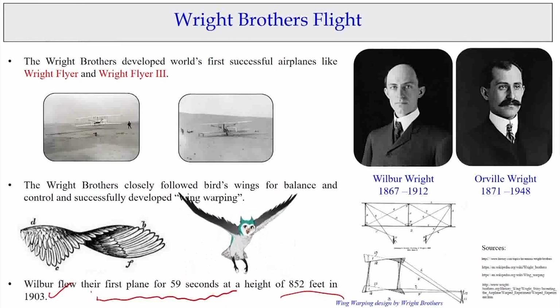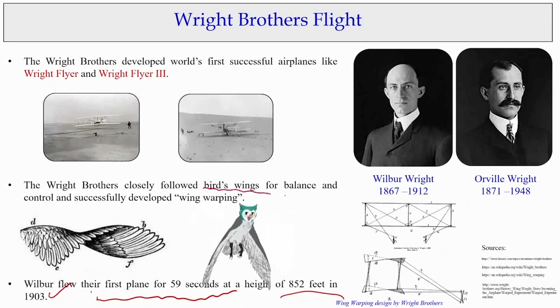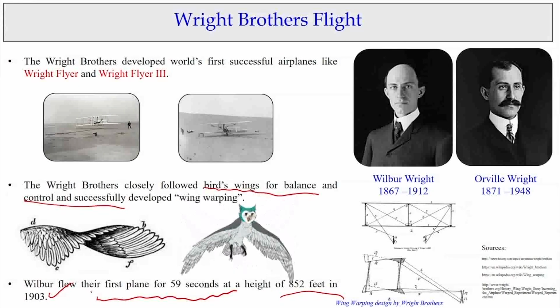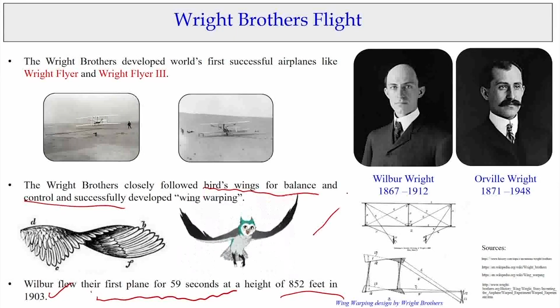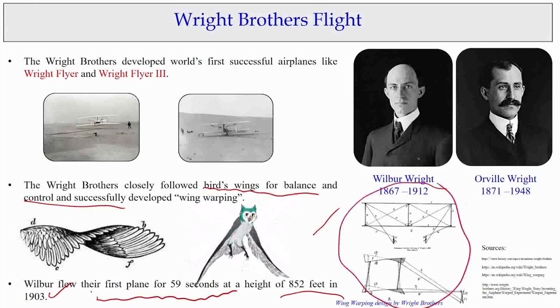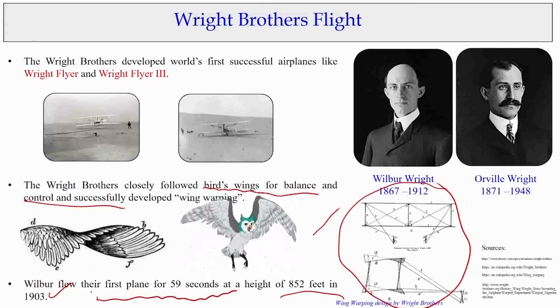All these failures give us an opportunity to think about why we had the failures. One thing they did was follow the bird's wing for the balance and control necessary to fly. This is called wing warping, and that is what they designed, which no university professor could do.